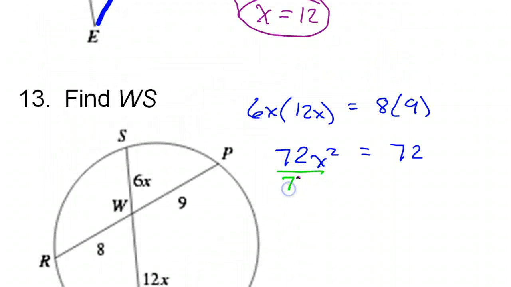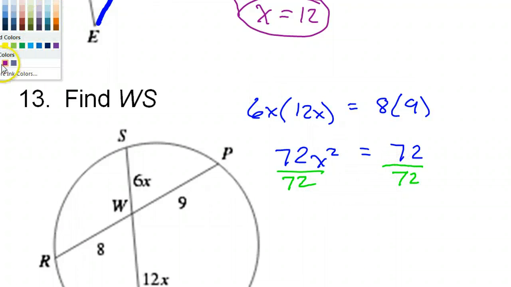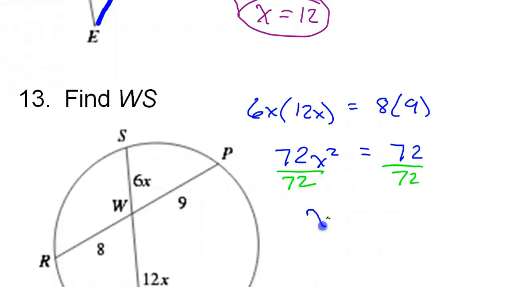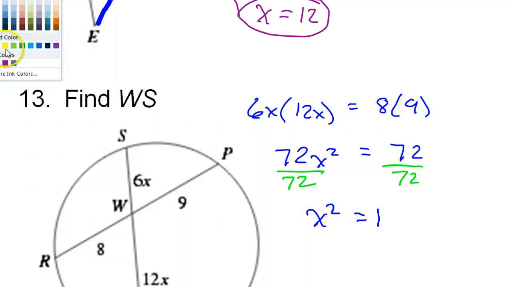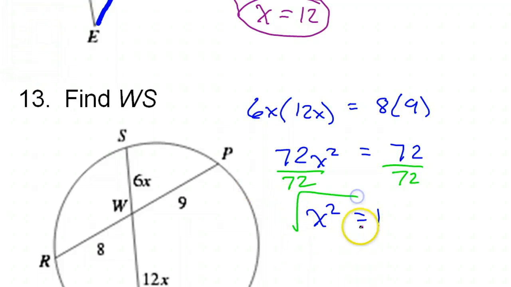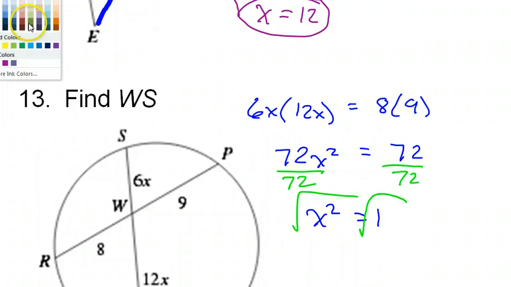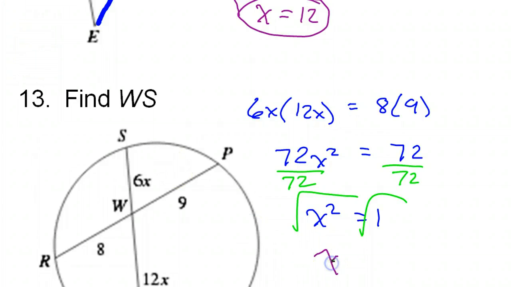Of course, then we will divide both sides by 72, and we will have x squared is equal to 1. Taking the square root of both sides gives me x is equal to 1.